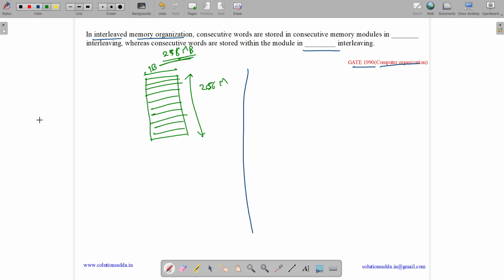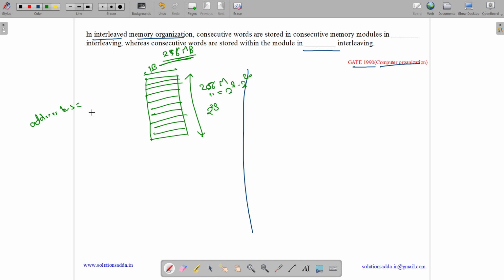And how many address bus size will we need? 256 can be written as 2 to the power 8. So we need 2 to the power 28 because 256 is 2 to the power 8 and million is 2 to the power 20.